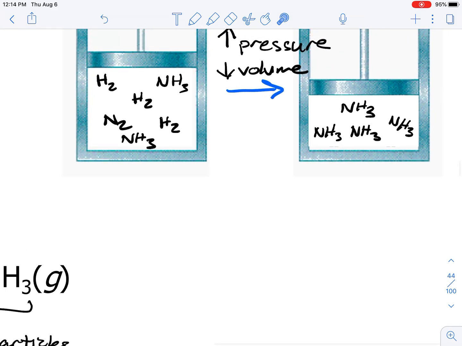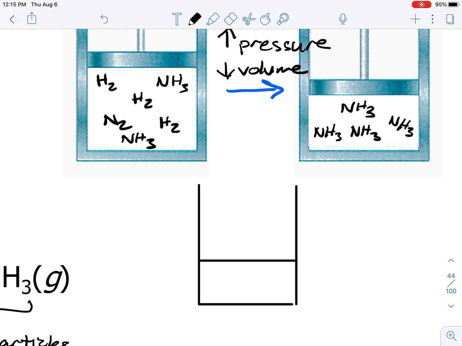Okay, and so I'm just going to go ahead and draw another piston over here just to look at the transition that I erased. Okay. And so here we had 3 H2s, 2 NH3s, and 1 N2.